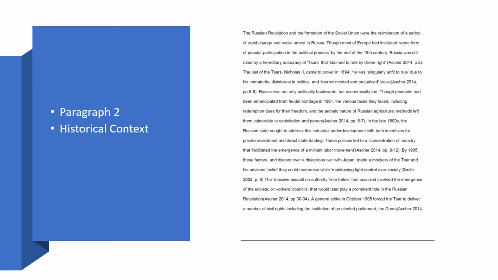This paragraph is about the historical context of the Russian Revolution. In it, the student talks about the taxation, about the economic situation, the social situation, and the political situation of Russia before Lenin came to power.